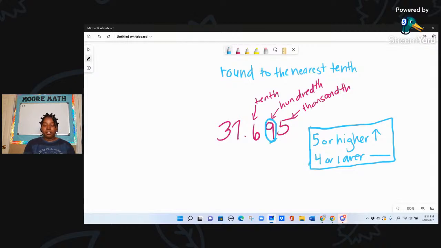Rounding to the nearest hundredths. Excellent. Good. So that 9 would go up to a 10, but carry that 1 into the tens place. Good. And so you would end up getting 37.70, or you can drop that 0 and get 37.7.